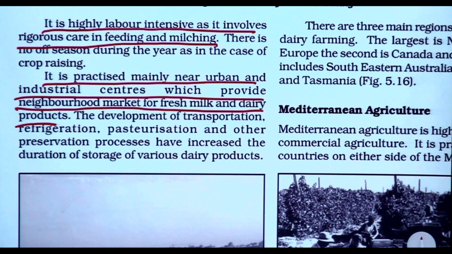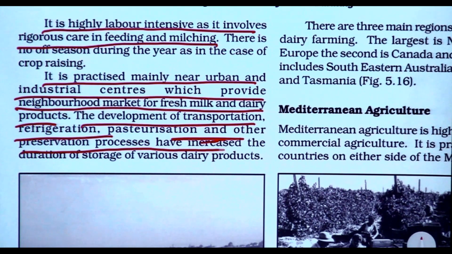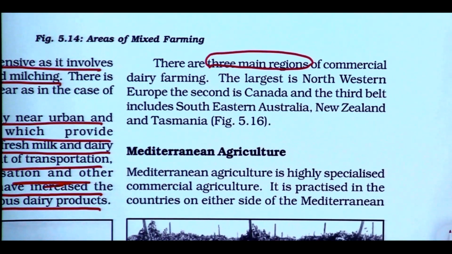We do have development of transportation, refrigeration, and other preservation processes that have increased the duration of storage of the various dairy products. The three main regions of commercial dairy farming are Northwest Europe, Canada, and a third belt in Southeast Australia and New Zealand.